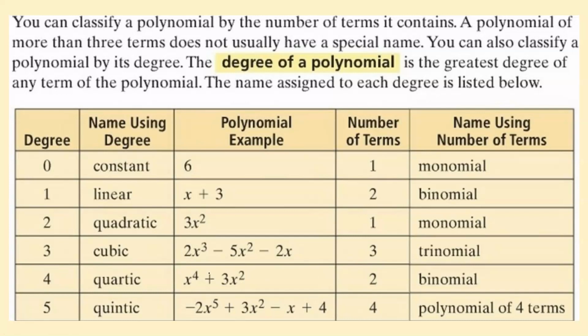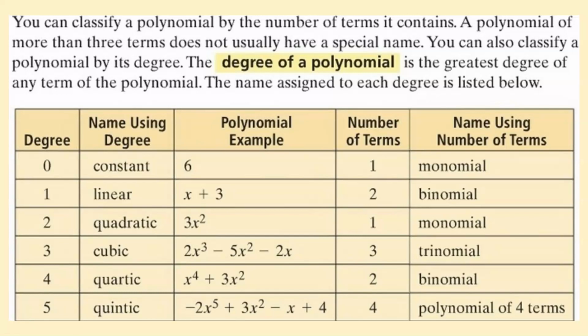The degree this time is 4 because that's our highest exponent. So that is a quartic polynomial. And then last example, negative 2x to the fifth plus 3x squared minus x plus 4. We have 1, 2, 3, 4 terms. So that's just polynomial, 4 terms, no special name there. The degree this time is 5 because our highest exponent is 5, and that is a quintic polynomial.